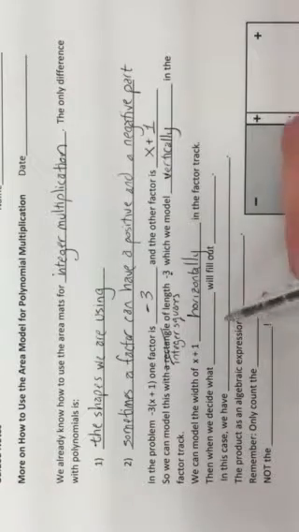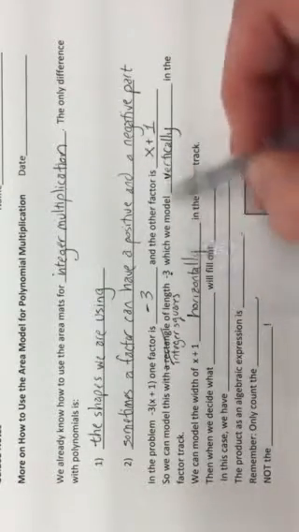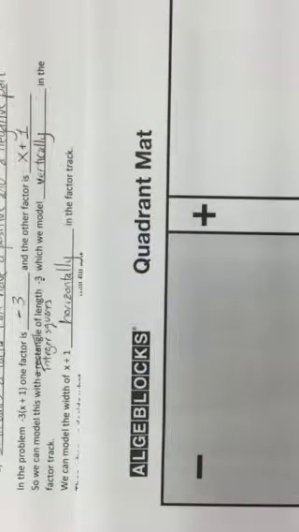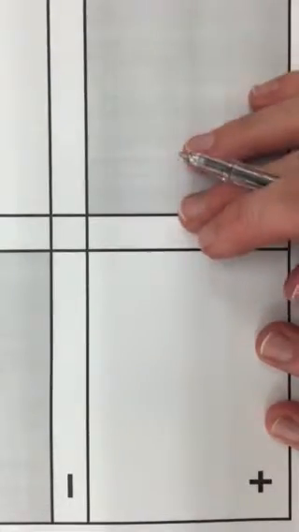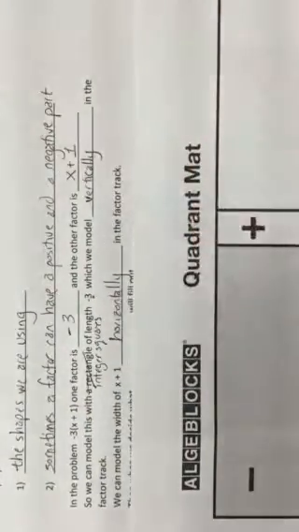Okay, so I'm going to move this. We'll finish these notes in a second, but I'm going to show how we can do this. So remember, we're doing -3 times x plus 1. We want to be able to model -3 vertically, so -3 vertically would be right here. And we want to model x plus 1 horizontally.